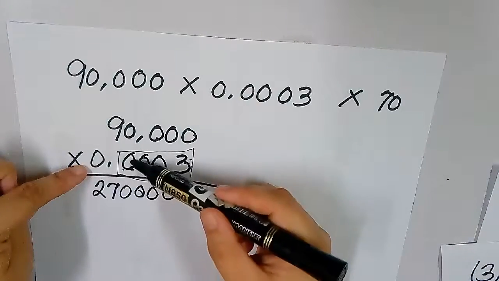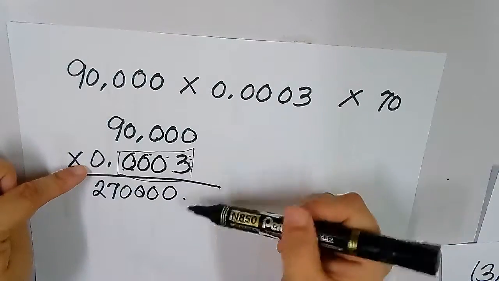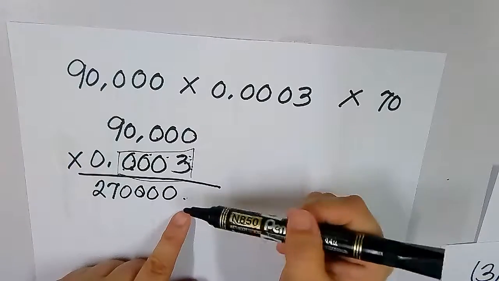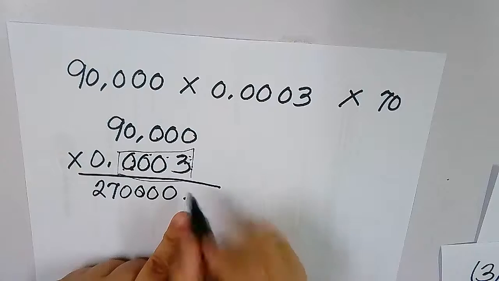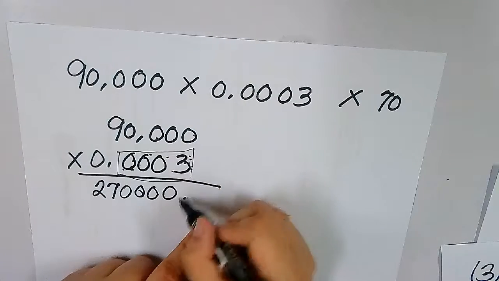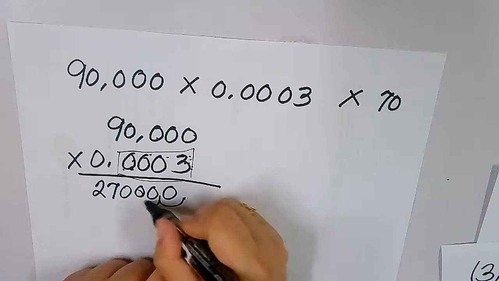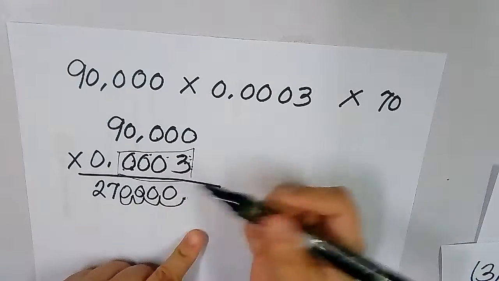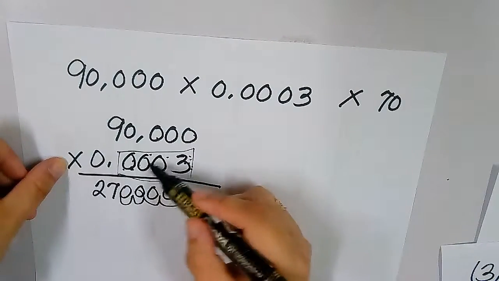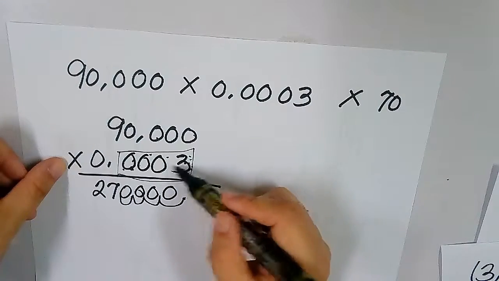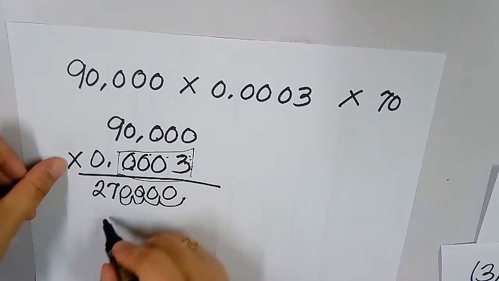So, ilan yon? 1, 2, 3, 4. At yun ang magiging movement muna ng decimal place natin para makita natin yung totoong answer. So, the answer for 90,000 times 0.0003 or 3 10,000s is 27.